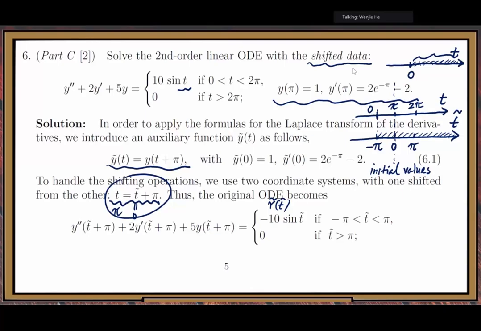Remember, we need to apply Laplace transform on the functions, both sides. So here, Laplace transform on this equation, both sides. Then, for the Laplace transform, there is a definition problem.